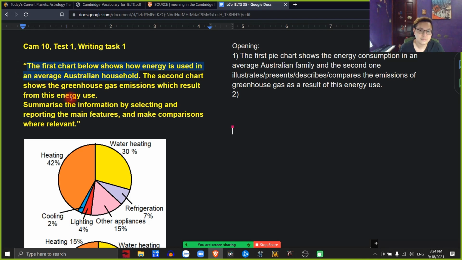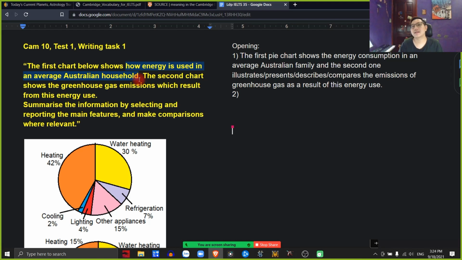Subject is average Australian household. Careful. So the first chart is the subject. Show is the main verb here. How energy is used in an average Australian household is the object. The whole thing.